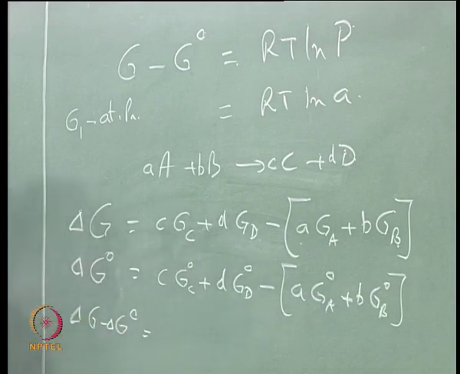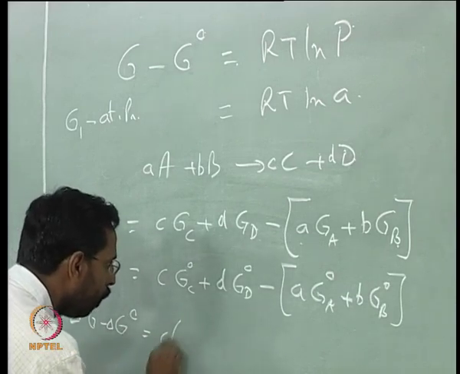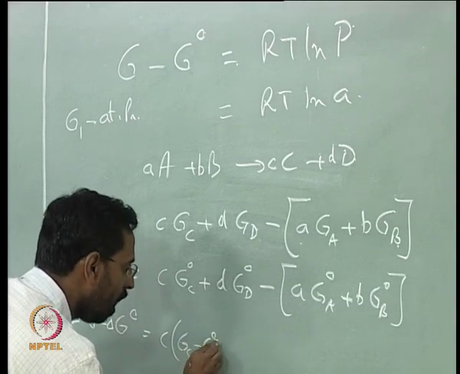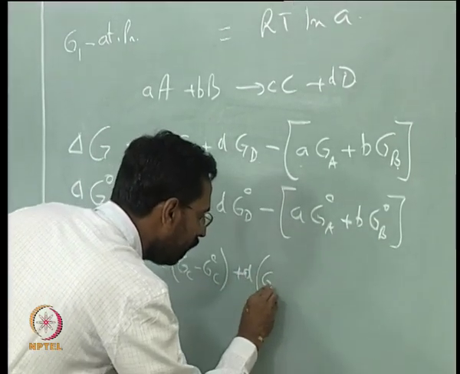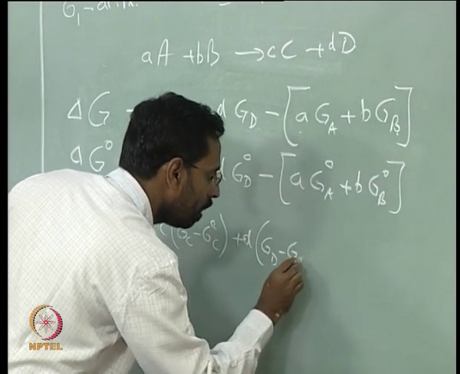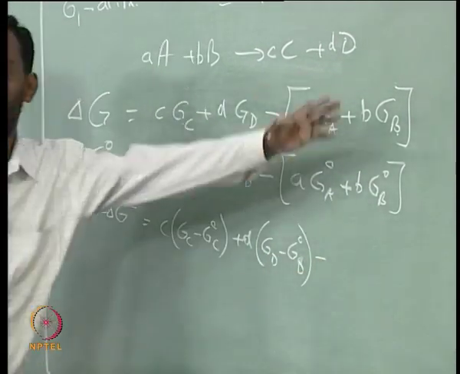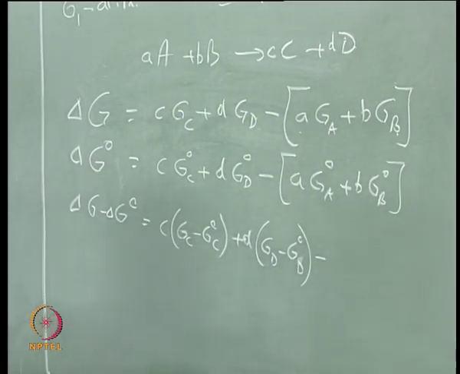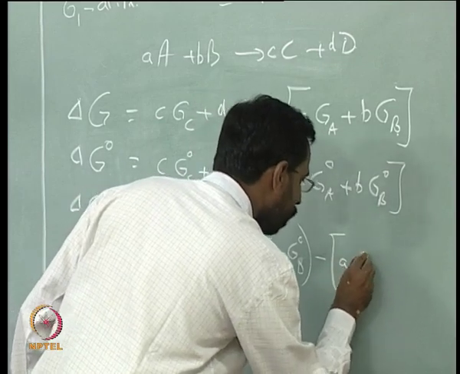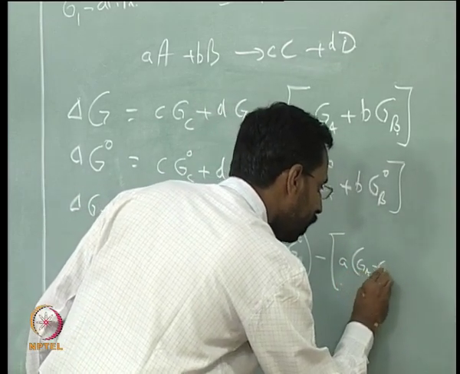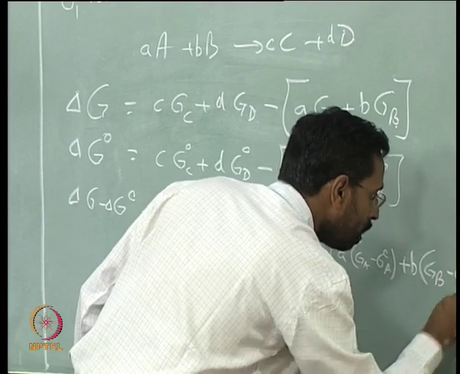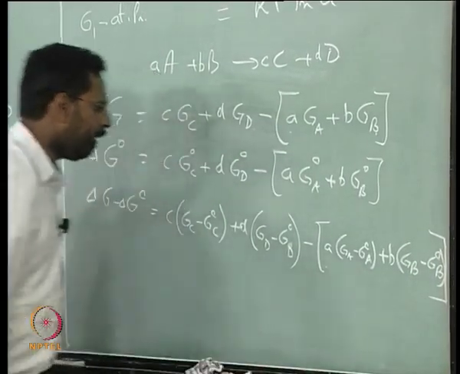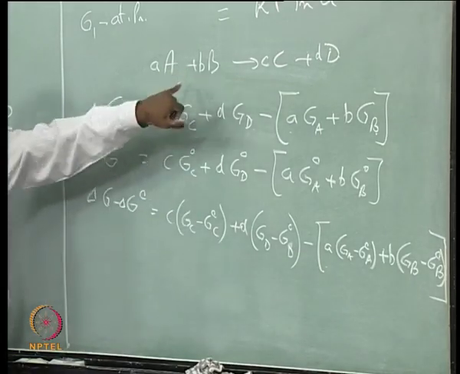If I take the difference of these two, I can write c into G C minus G naught C, am I right, plus d into G D minus G naught D, minus, if you want more specific, a into G A minus G naught A plus b into G B minus G naught B. Here, if you look, this part is nothing but this.